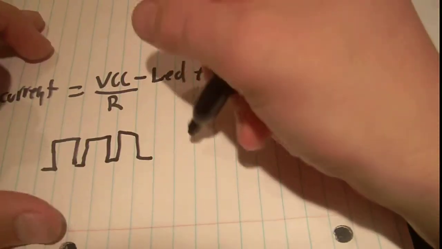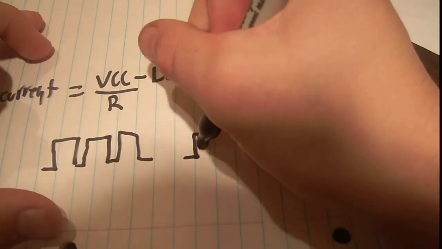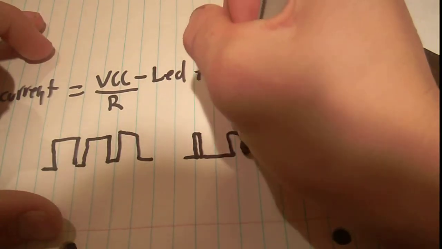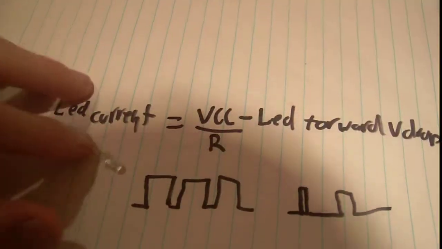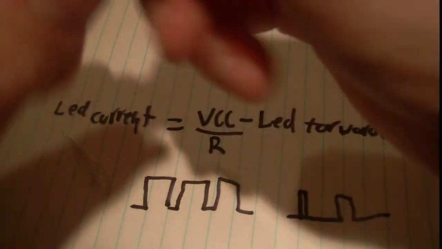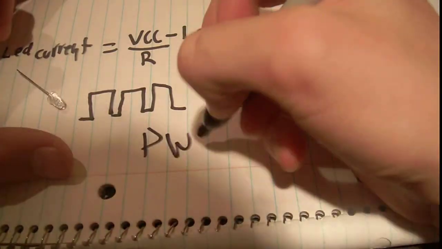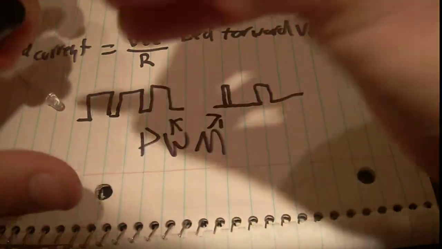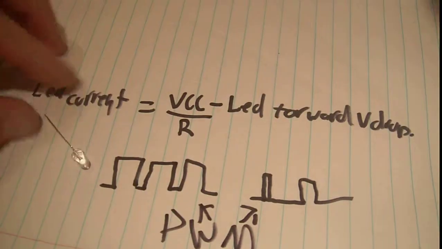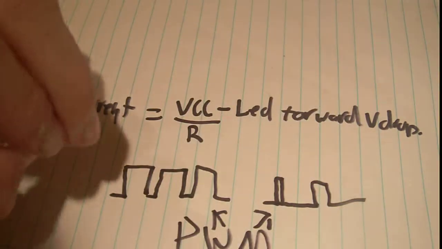Now if you wanted to dim it, you could make it off most of the time, like that, and that would make it much dimmer. So this is something called pulse width modulation, PWM. This is a technique that can be used with LEDs due to their very fast switching on and off time.